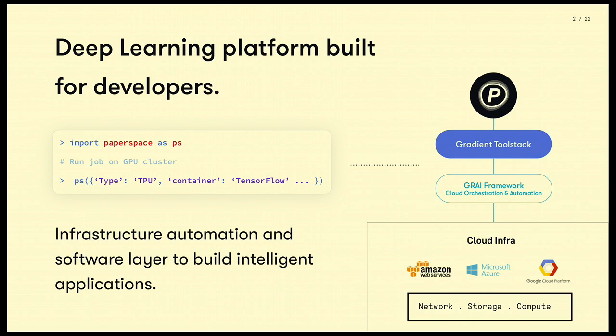There are two primary pieces to that, the first of which is infrastructure automation. As you're probably familiar, one of the biggest bottlenecks in the adoption of deep learning today is infrastructure. The way we think about eliminating that bottleneck is by transforming infrastructure into code. Practically speaking, we provide an environment where a developer can safely assume that infrastructure is homogeneous.